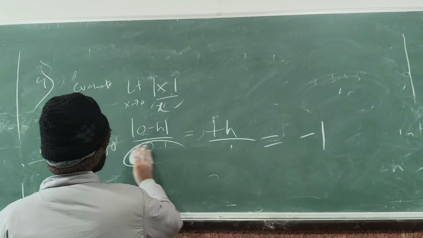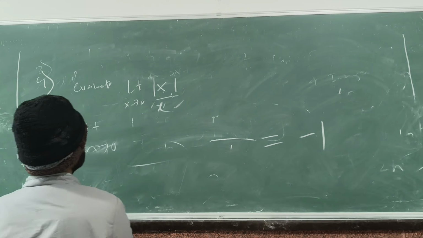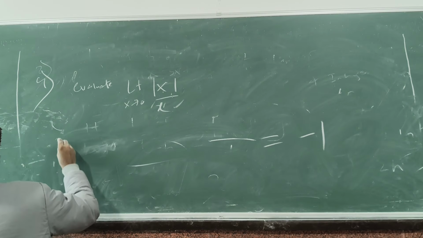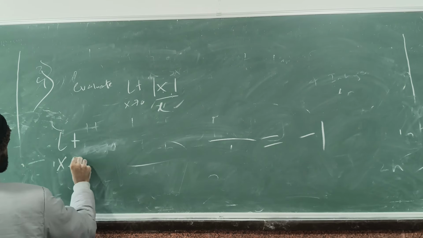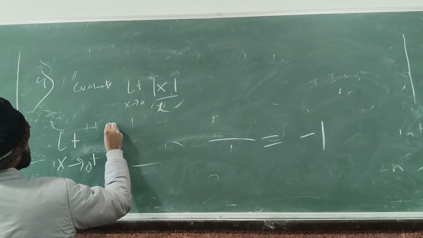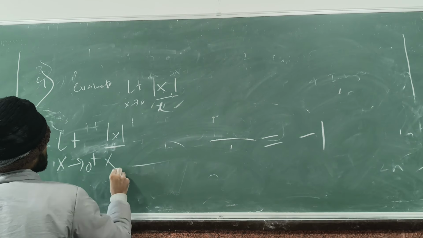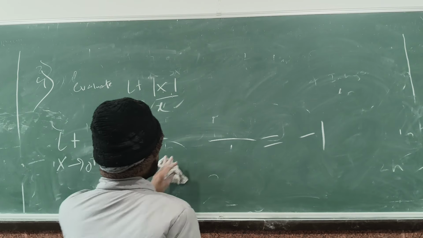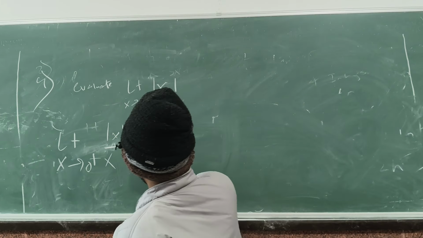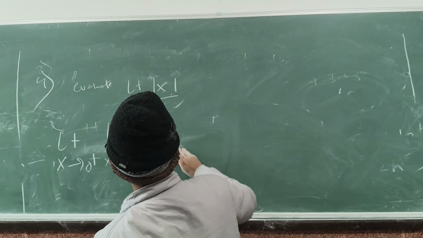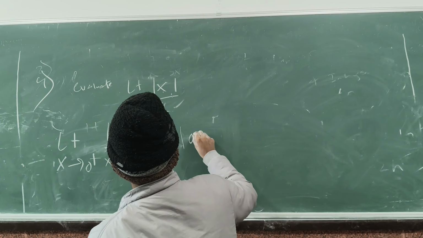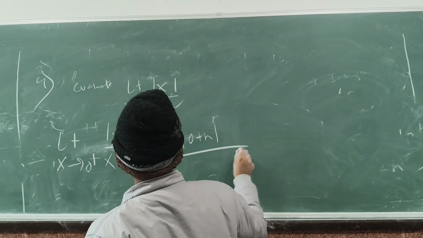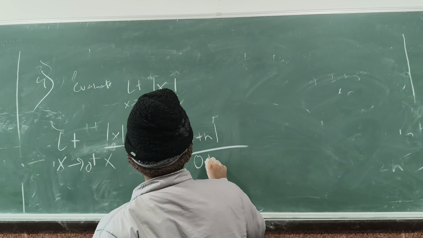Similarly, limit x tends to 0 plus of mod x by x, that is h tends to 0, mod of 0 plus h by 0 plus h.